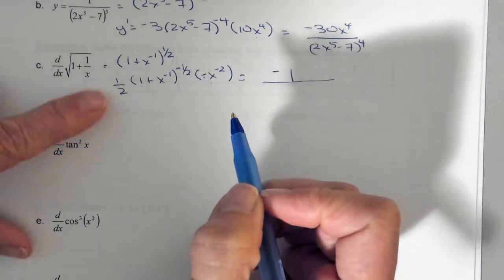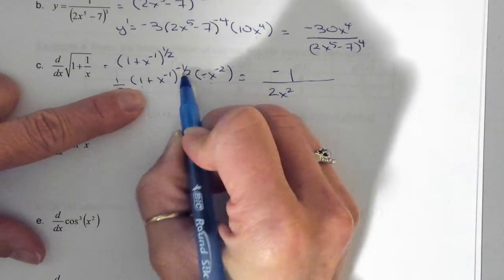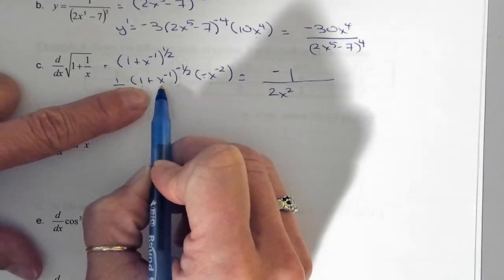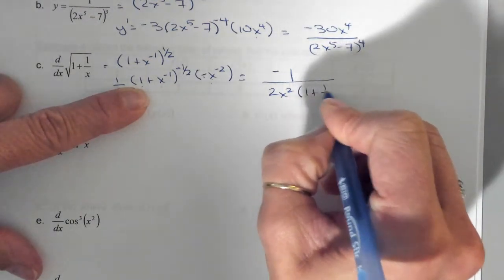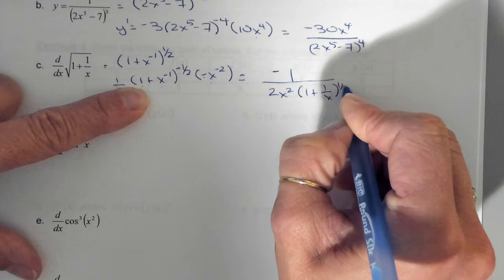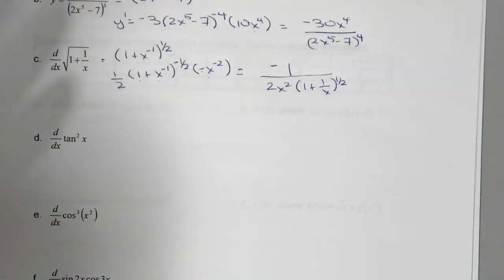It's still negative. Then we've got 2x squared. That's this part. This whole thing goes on the bottom because it's the square root, and then this is a fraction inside, right? So you could write it like this. Or you could write this as a radical. But at that point, I mean, it's already a hot mess, so I would just leave it be. Okay, simplify negative exponents, please.